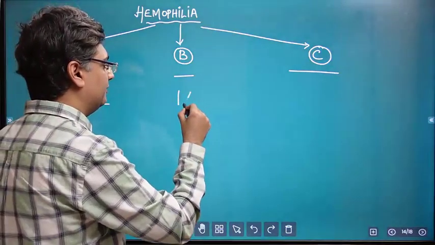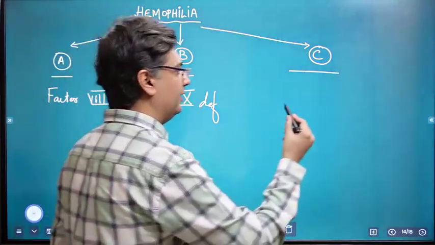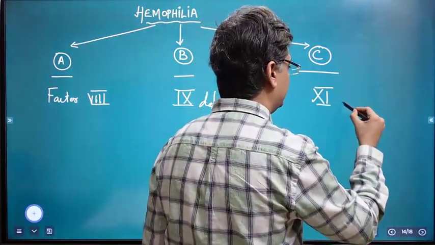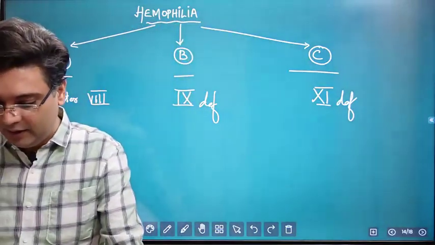Hemophilia B is factor 9 deficiency, and just flip the 9, what will you get? 11. And hemophilia C is the deficiency of factor 11.